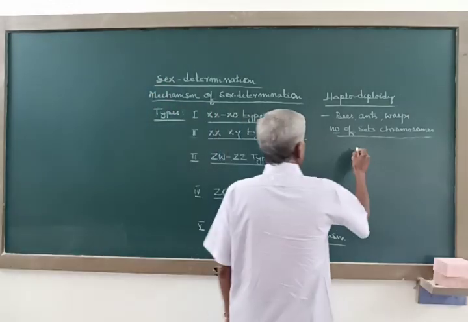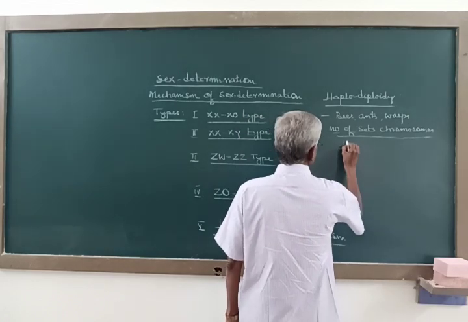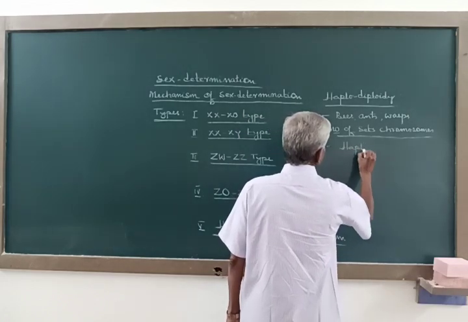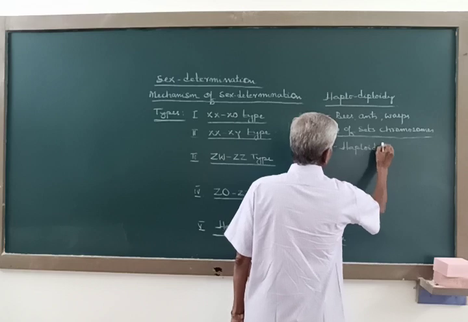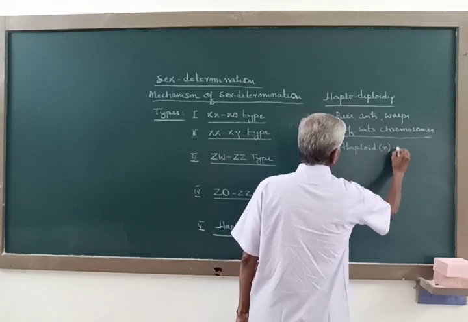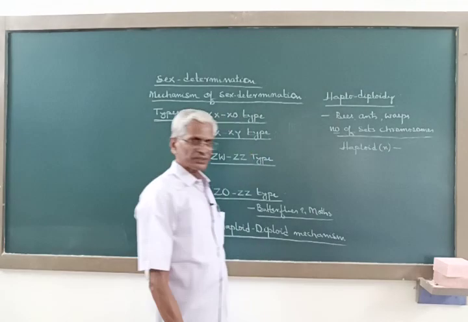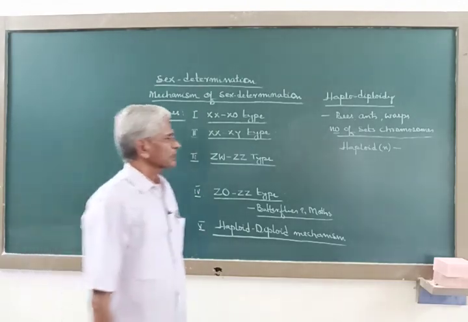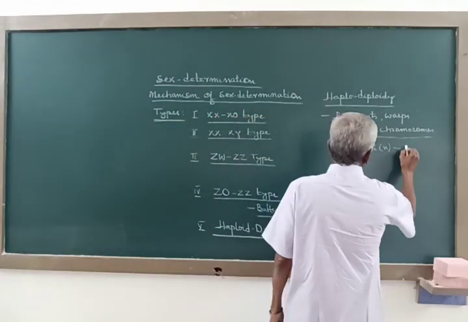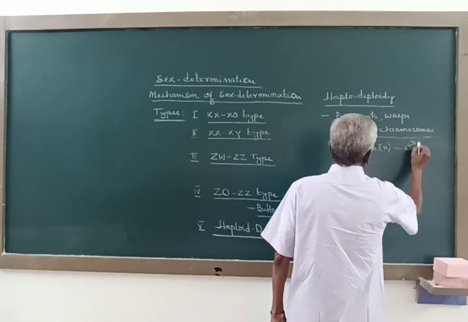Now if the chromosome number is haploid number of chromosomes, or n number of chromosomes, or one set of chromosomes, then here sex will be male.